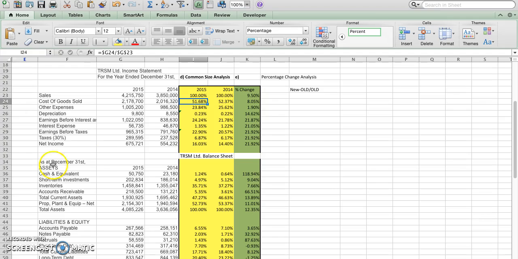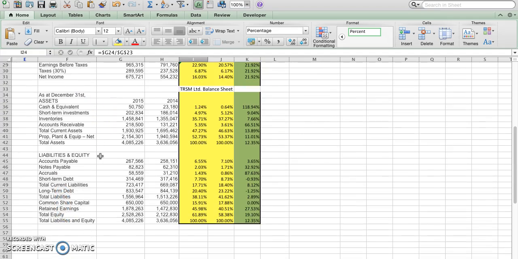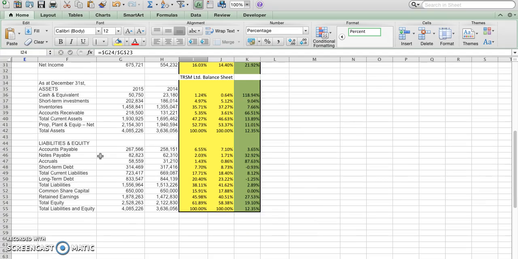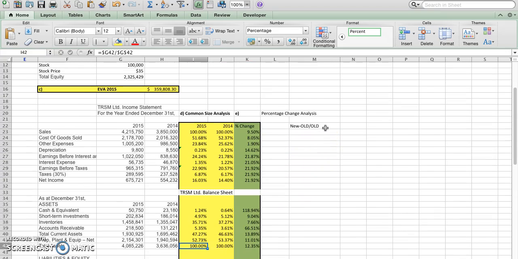Okay, this is a little bit different for the balance sheet. Each number is divided by total assets. Proof of that is your total assets are 100% because they're divided by total assets. So again, a brief coverage of these elements.